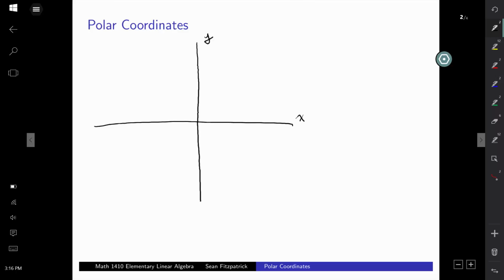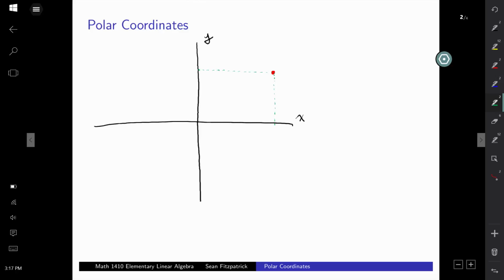we label our axes as x and y, and if we want to locate a point within this plane, the way we do it is we measure the distance of this point from both of the axes. We measure the distance from the x-axis, the distance from the y-axis.